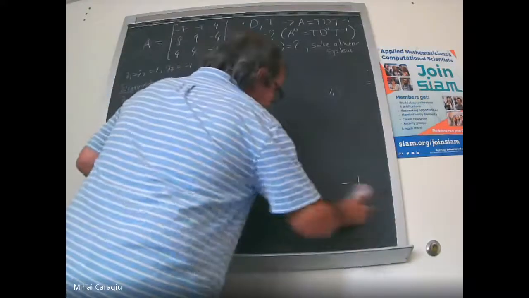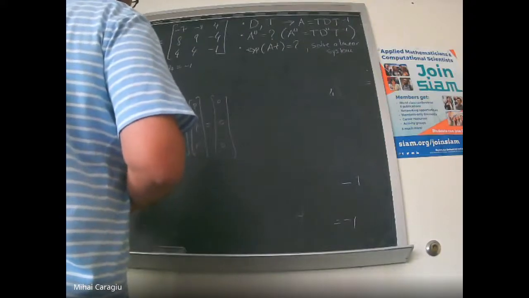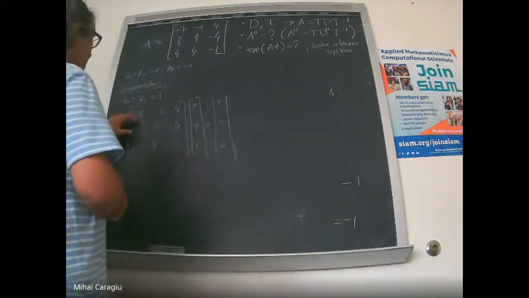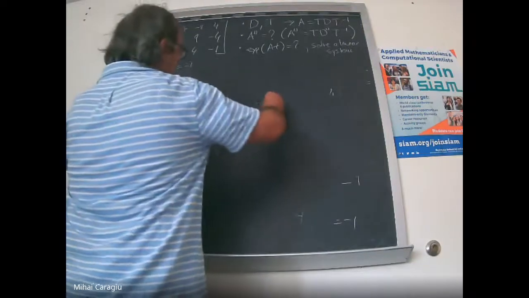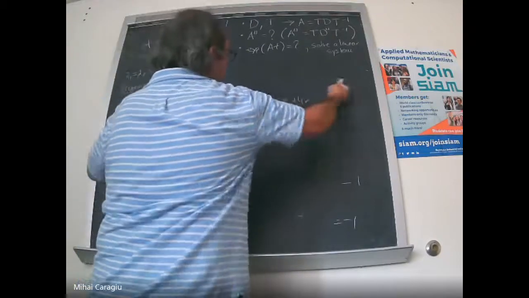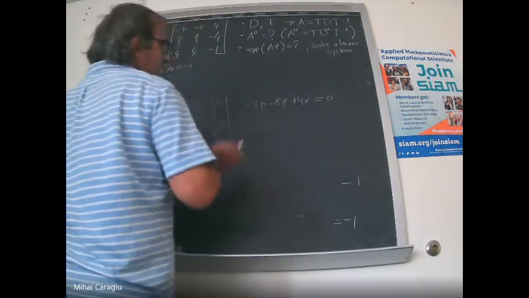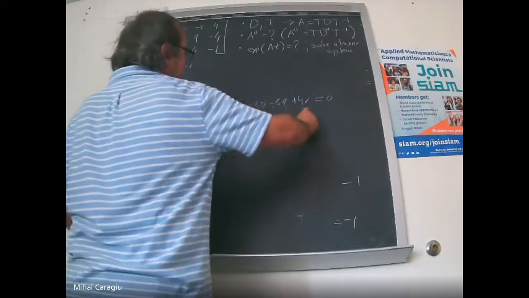Okay, so let's see. In this case, the equations are highly redundant, actually. So this is -8p minus 8q plus 4r equals to 0. So let's divide by -4: 2p plus 2q minus r equals to 0.